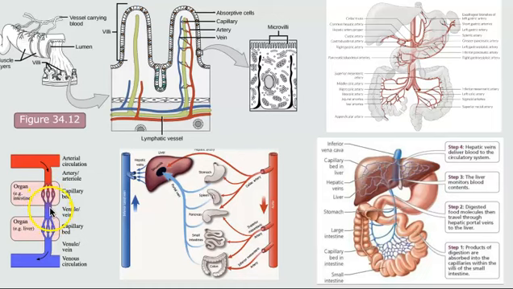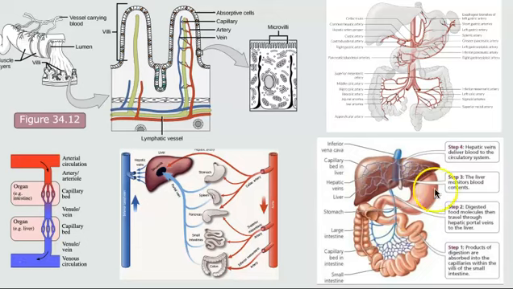So now we're going to travel through this vein that has oxygen-poor and nutrient-rich blood. And from there, we are going to send it to the liver, where we are going to give off some of those nutrients so that we can store them and send our now oxygen-poor, nutrient-poor blood back into venous circulation to make its way back to the heart.